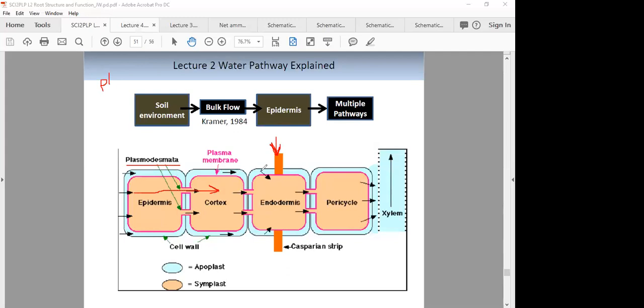Then any water that has come in through the apoplast is forced to move through the cell itself. So this is a concentrating mechanism. And then from there, it goes through the other cells and enters the xylem.